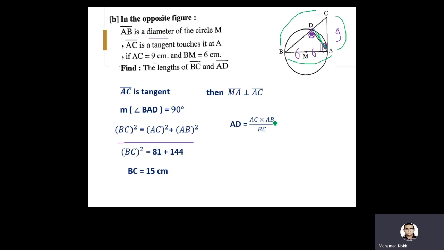So AC multiplied by AB divided by BC, substituting AC with 9 and AB with 12 and BC with 15. So the answer will be 7.2 centimeter. Let's move to the next question.